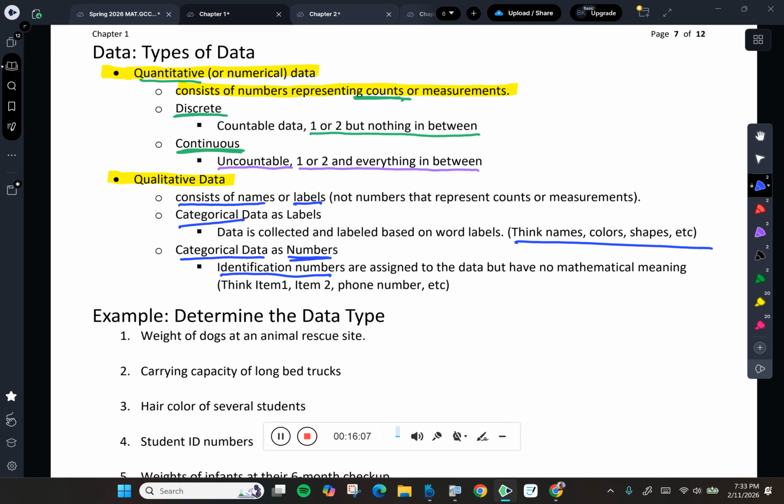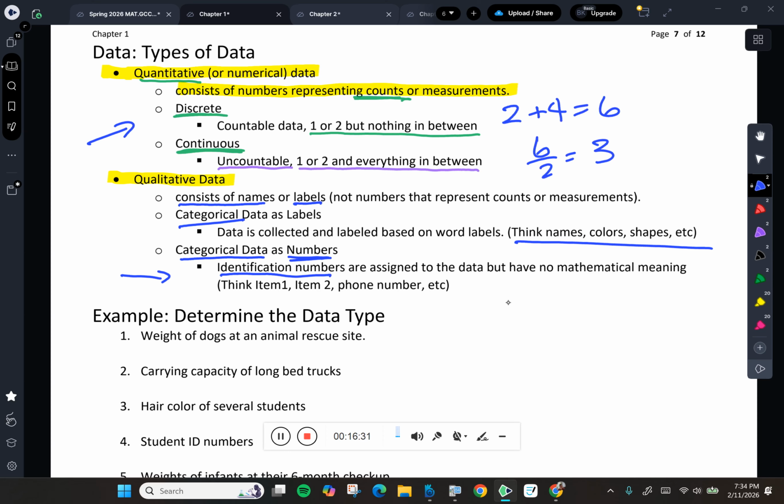A good way to think about it, if you're worried about numbers being categorical or numbers being quantitative, think this. Can I add two of them together and divide by 2, and would that mean anything? So if one house had 2 TVs and another house had 4 TVs, could I say there's an average of 3 TVs?